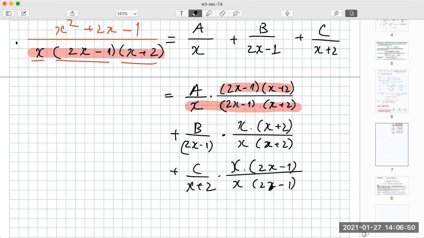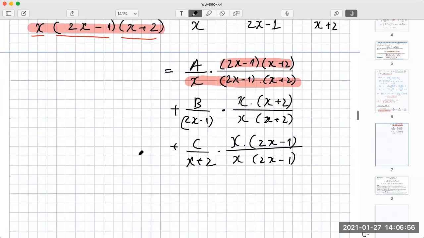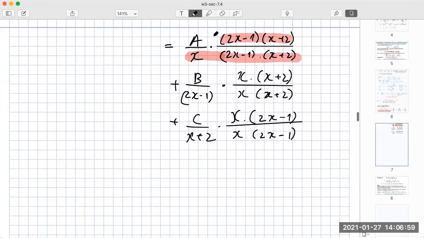Yeah, let us distribute it and compare the two fractions on the left and the right and see, right? Okay, if we multiply it here, A times distribute this, it will be 2x squared plus 4x minus x here, right? Minus 2, okay?